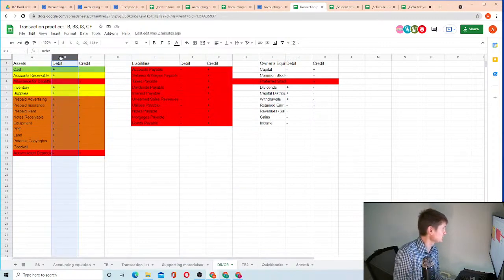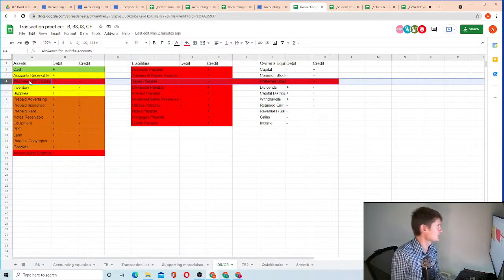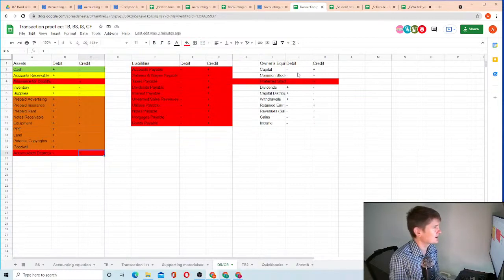If you look closely, you will see that the debit column for the assets has a plus and the credit column for the assets has a minus, of course with some exceptions. And the situation with equity and liability is the opposite.